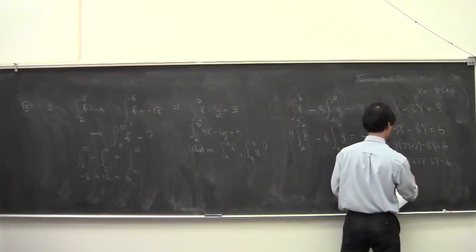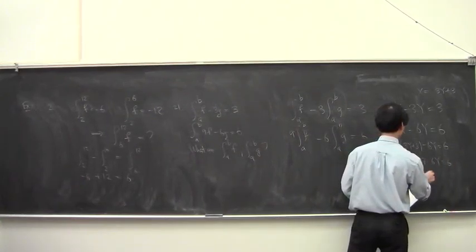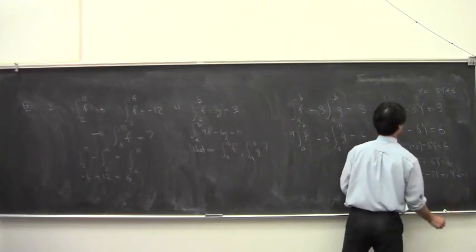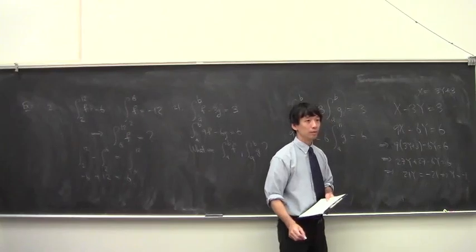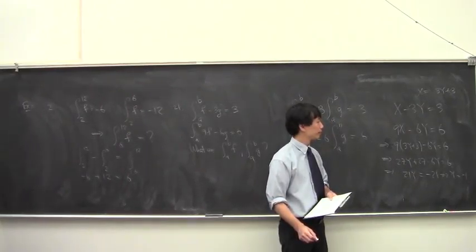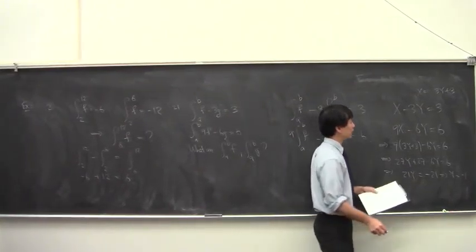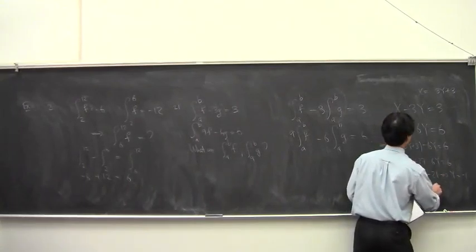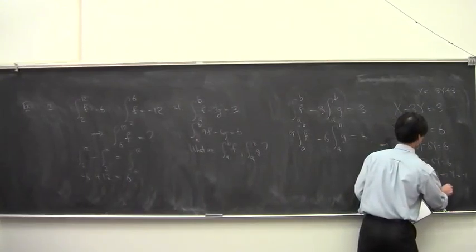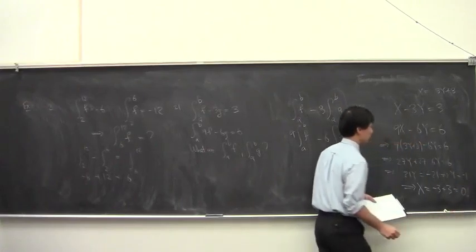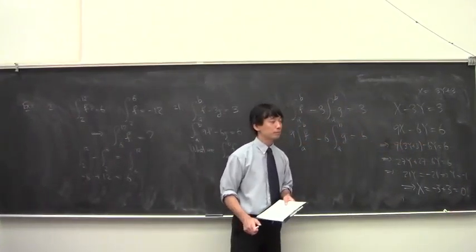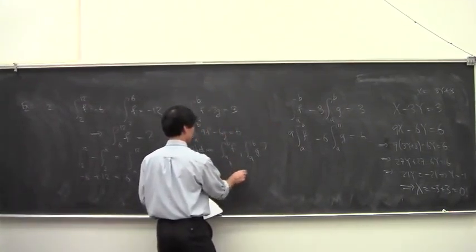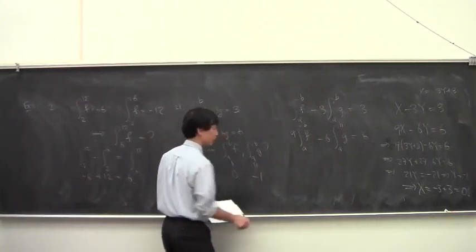That's to say 21y equals negative 21, and y is negative 1. And so x is negative 3 plus 3, that's 0. So you know that this guy is 0, and this guy is 0.